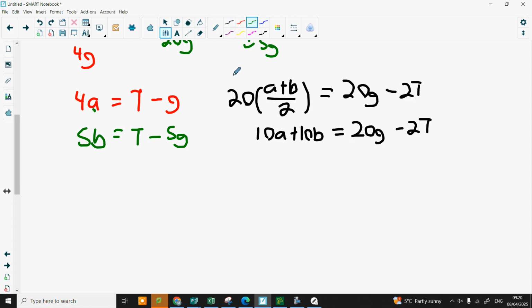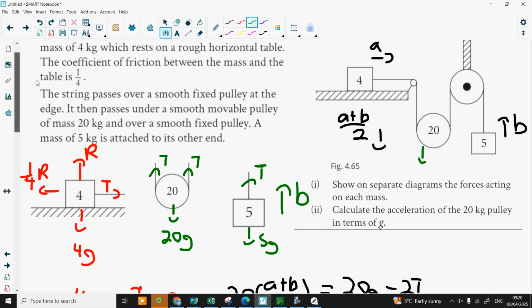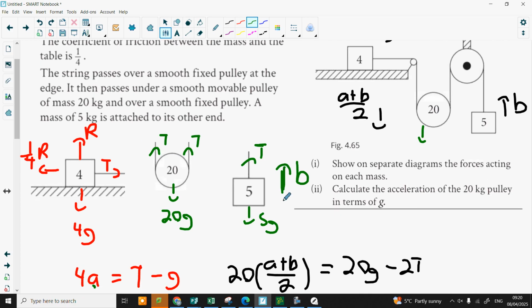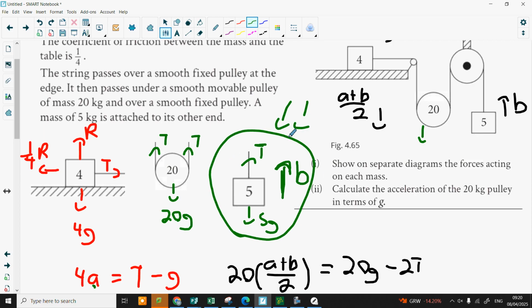You decide whether T is negative or positive based on where your particle is moving. If your particle is moving upwards, T is positive. If your particle is moving against tension, T is negative. So see the way the tension wants it to go upwards, and it is going upwards? That means T is positive.